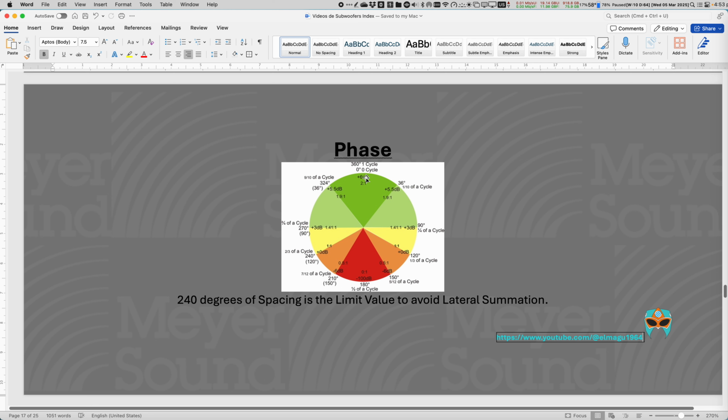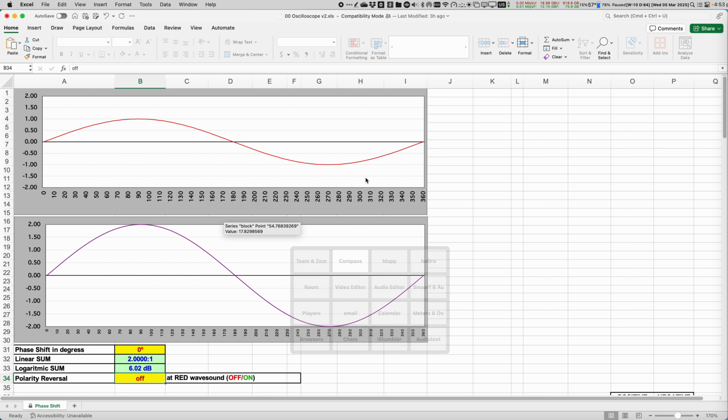In order to make this a little bit more clear, let me use the approach of an oscilloscope. In this calculator that uses the graphication of oscilloscope, what we see is the positive amplitude and the negative amplitude in the vertical, and the horizontal in this case is degree.